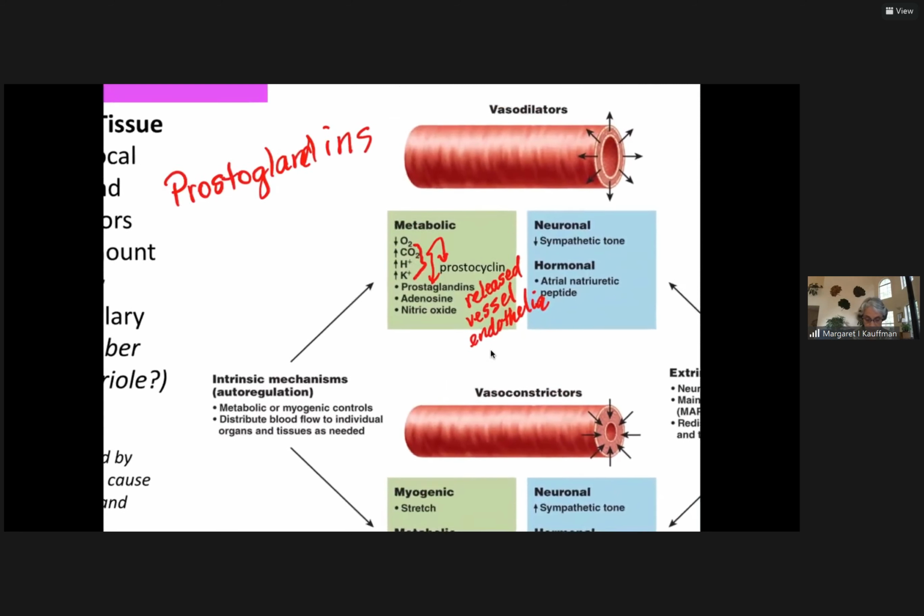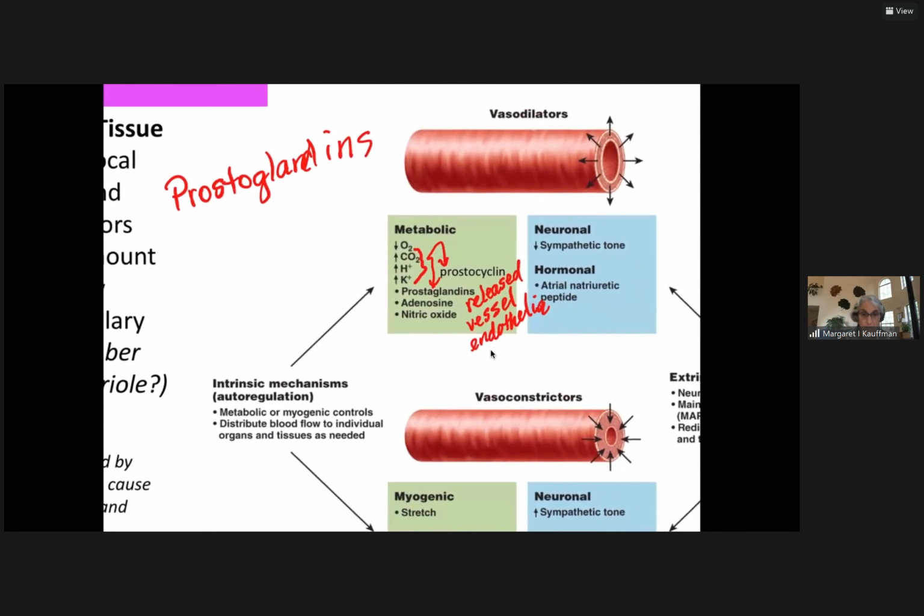So the book does mention prostacyclin. Now, there are other eicosanoids which fall into the class of prostaglandins that are released for other reasons. And we will be coming back to them, but most often the book will just keep calling them a prostaglandin. So realize there are many types of these things. So know this list.